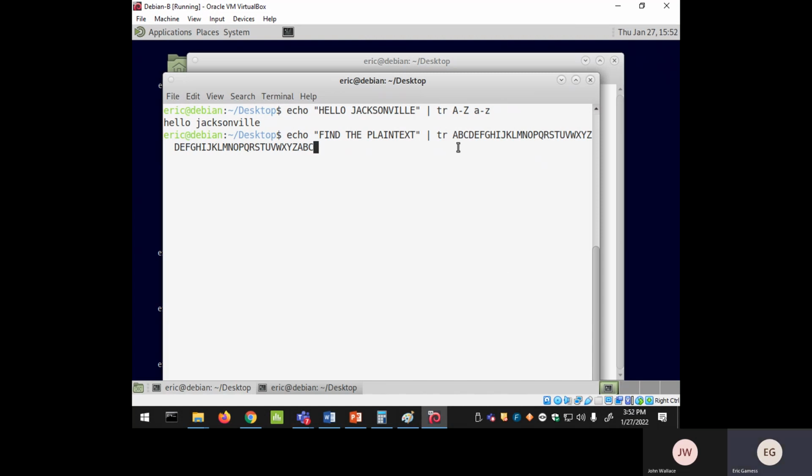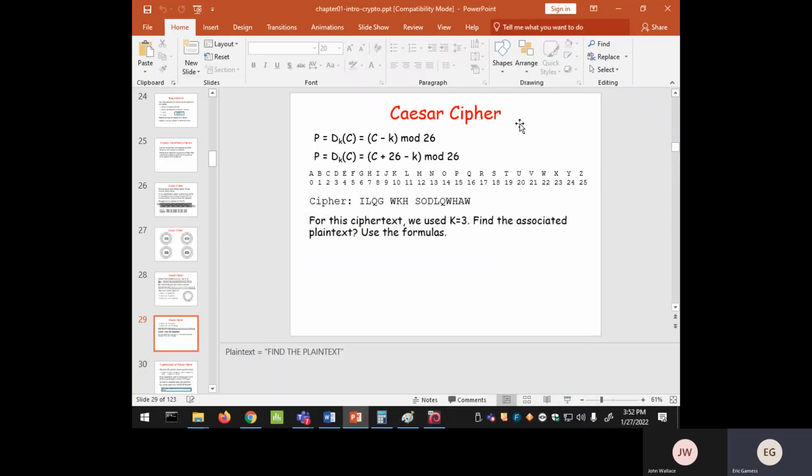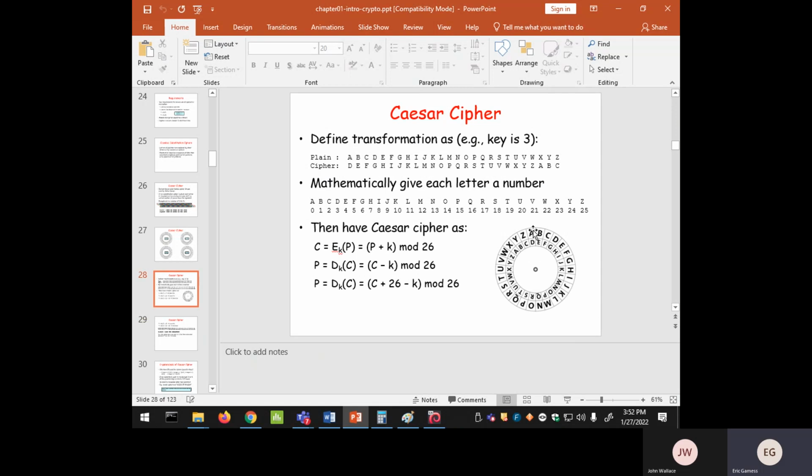I'm saying here, translate A into a D, a B into an E. For example, here, if you look, a W into a Z, a X into an A. This is exactly what we have with the key 3. A into a D, for example, a X into an A. Okay, this is exactly what we have.